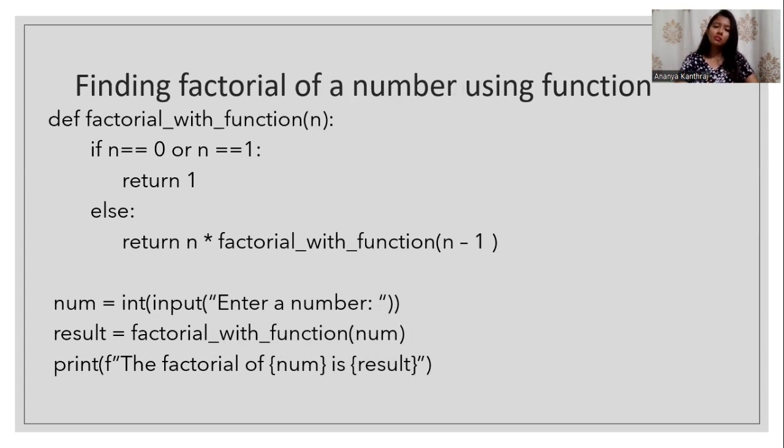Next, we're going to take the number as an input, which is nothing but an integer, with the prompt "Enter a number" in double quotes within brackets. Next, we're going to move to the result, which is equal to factorial of the number in brackets. Then we're going to print the factorial of the number, which is nothing but the result.